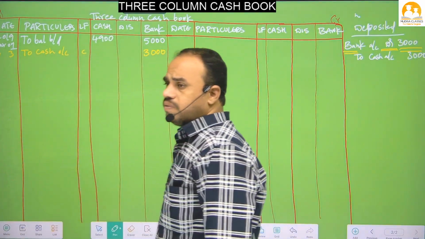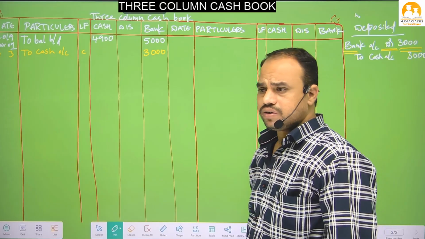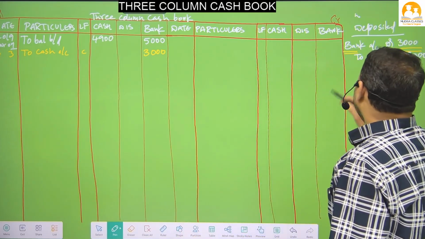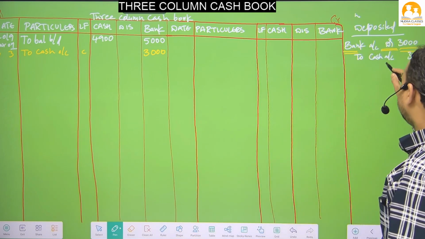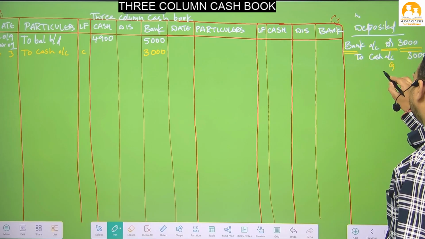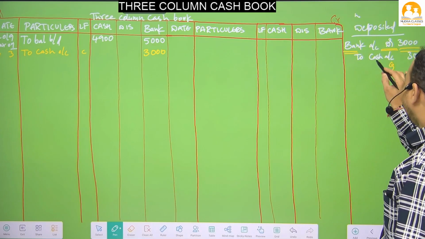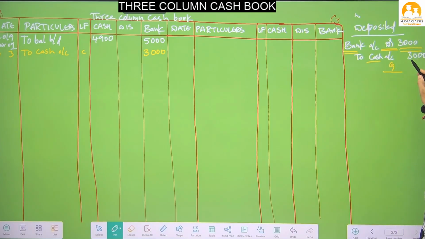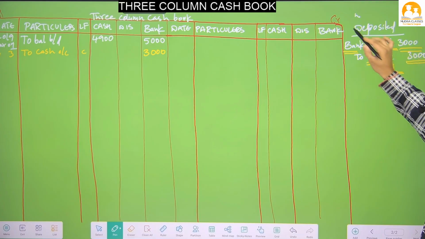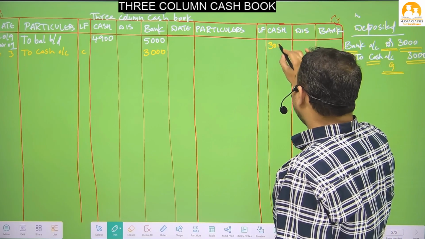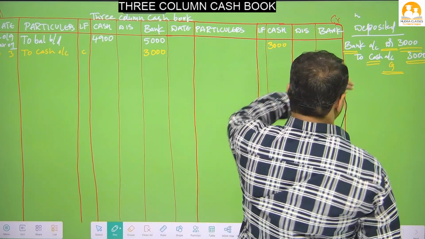Now in a 3-column cash book, when a contra entry arises, we write on two sides, debit side as well as credit side. So the debit side I have written, now we will see the credit side. In the 3-column cash book, write on the credit side cash column 3,000. This is the credit side, this is the cash column. I wrote 3,000.